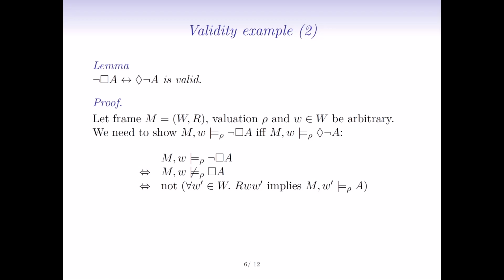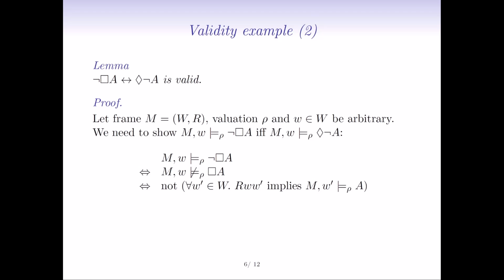So it's not the case that for all W prime, R W W prime implies W prime satisfies A. Again, there's no work being done there. It's really just applying the definition.